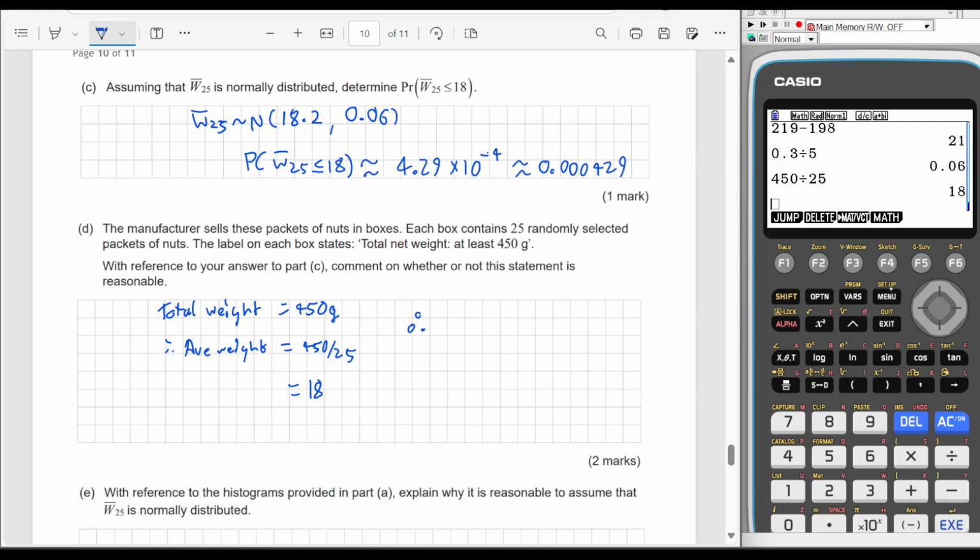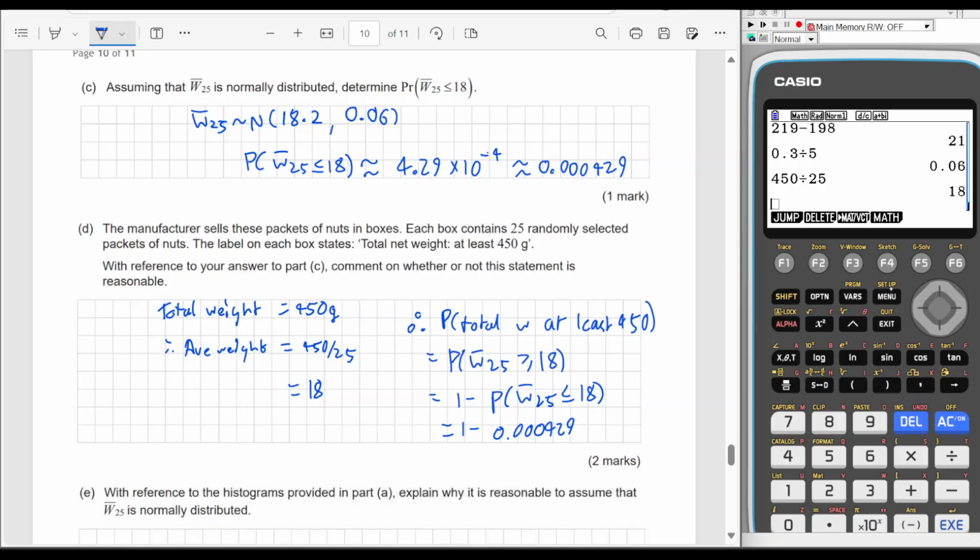Therefore, the probability that total weight is at least 450 is the same as the probability that W bar 25 is greater than 18, which is 1 take the probability that it's less than 18, which is 1 take 0.000429, which approximately equals 1.